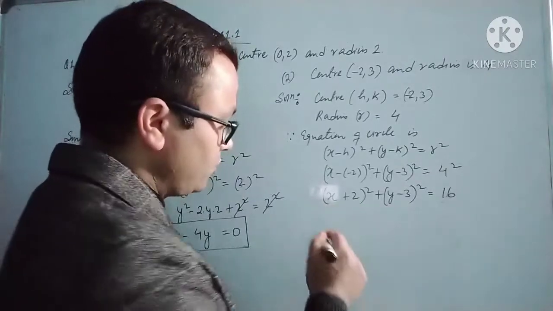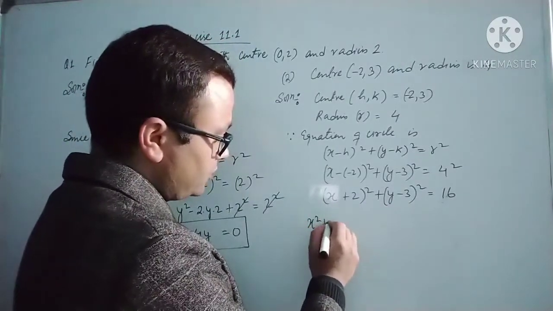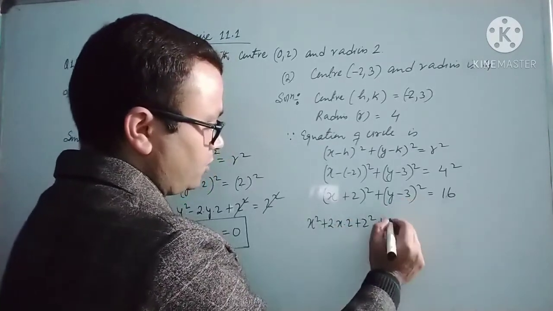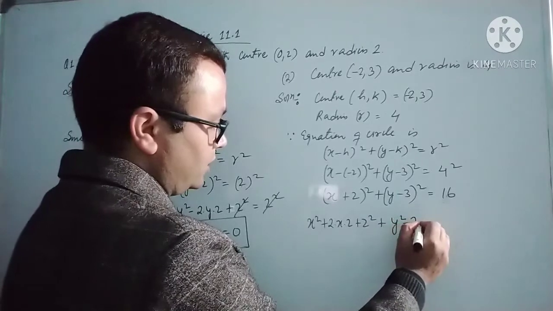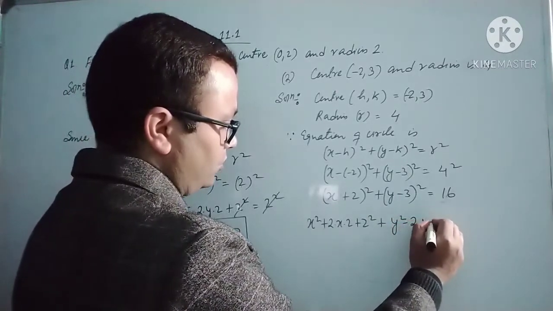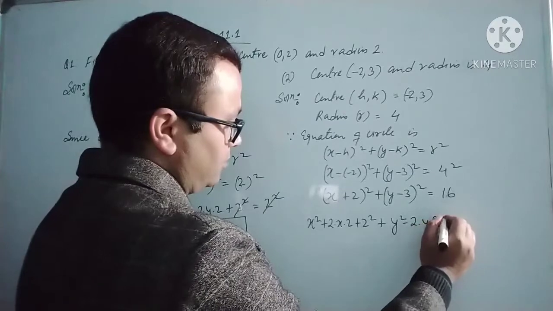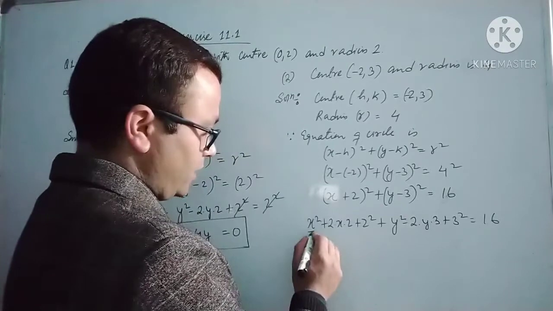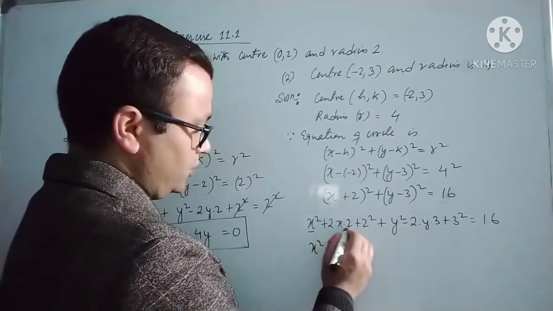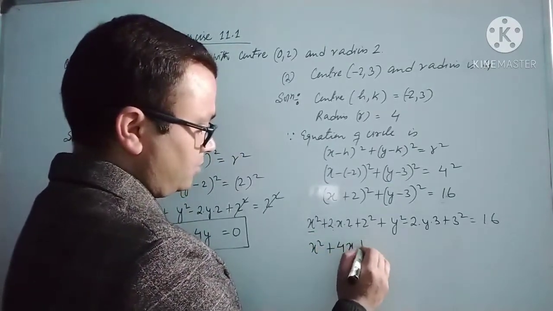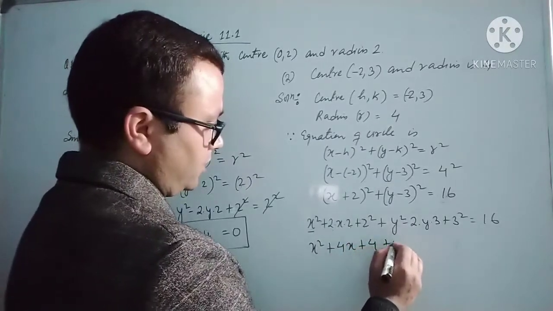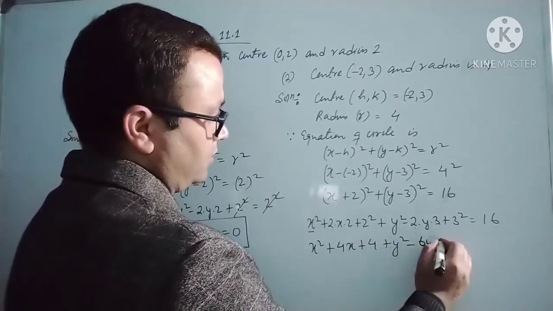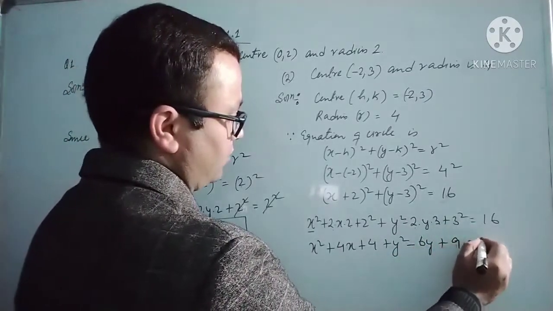So (a + b)² is a² + 2ab + b², and (a - b)² is a² - 2ab + b². So x² + 2 into 2 is 4x plus 2 square is 4, plus y² minus 2 into 3 is 6y plus 3 square is 9, equals 16.